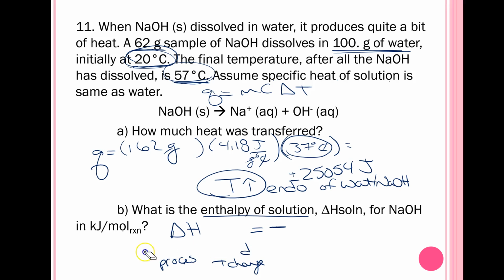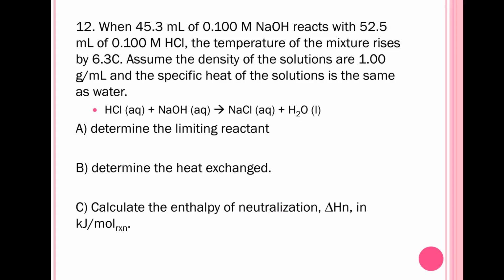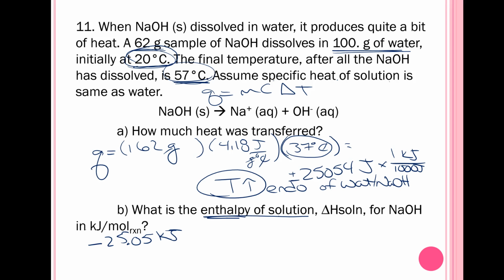Okay, so I'm going to erase this and set it up again. So we have negative. I'm going to change this into kilojoules. 25.05 kilojoules. Negative because the process of enthalpy, dissolving the solution, is exothermic, and the water surrounding it took in the heat. The moles of reactant, I need to do that, 62 grams, 1 mole is 40, it's about 1.5, isn't it?